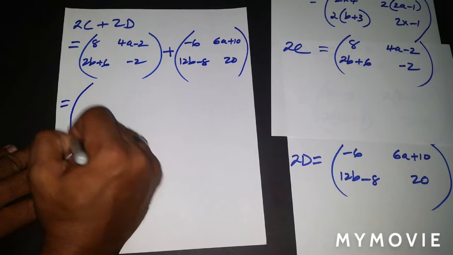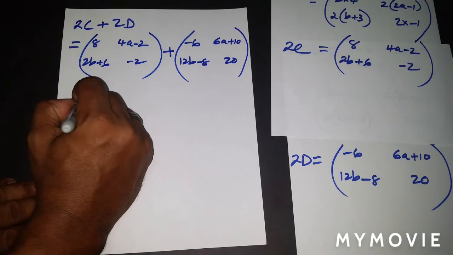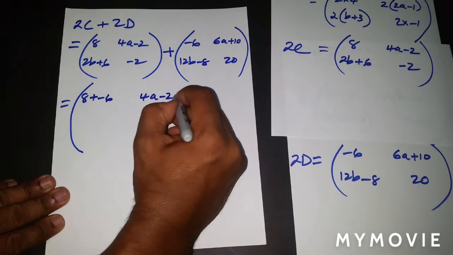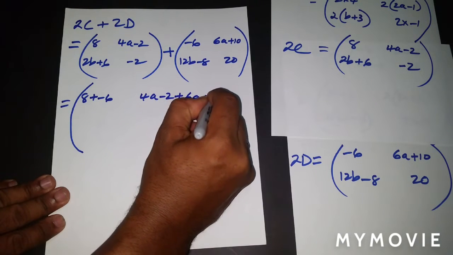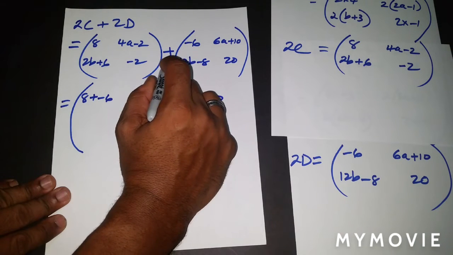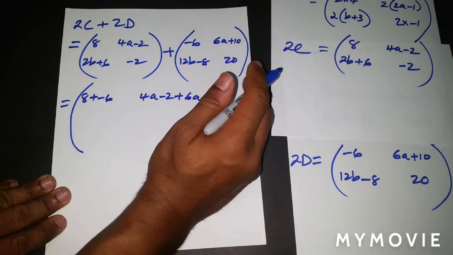So we're adding corresponding elements. This would be 8 plus negative 6, 4a minus 2 plus 6a plus 10. Now, because it's an addition, I don't really need to put the brackets here because the addition sign won't change any signs in any bracket.